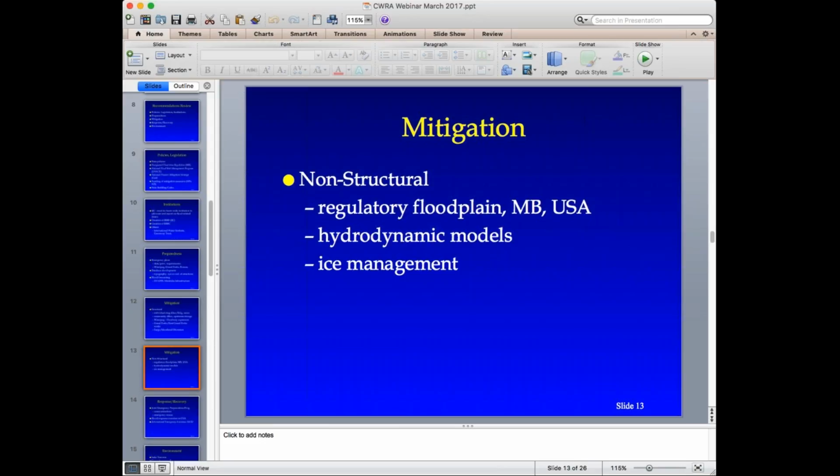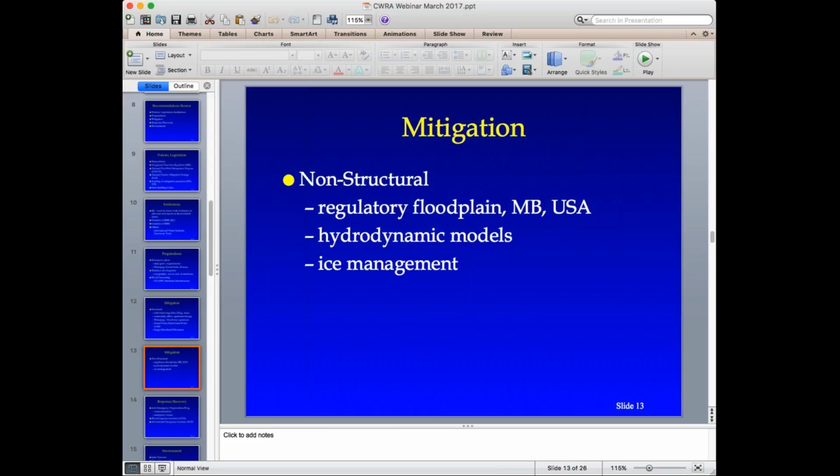At one point, Manitoba had a hydrodynamic model that actually would create the number of sandbags you'd need to protect your building, and it was kind of expensive to maintain, and actually, as it turned out, most of the farmsteads and small communities in Manitoba were protected by levees and raises and moves of one kind or another.